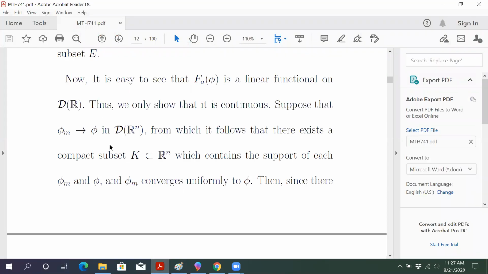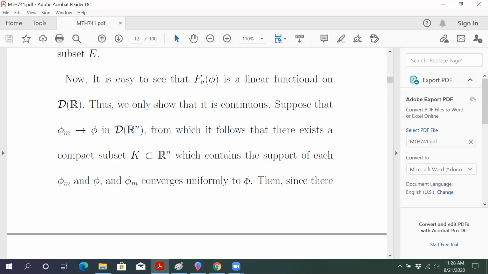So suppose that phi_m converges to phi in D(R^n), from which it follows that, do you remember when we say a sequence of test functions is convergent, what it means? Recall the definition. There exists a compact subset K of R^n which contains the support of each phi_m, and phi_m and every derivative of phi_m converges uniformly to phi.